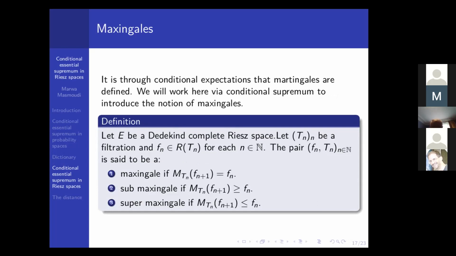So if we take a filtration of conditional expectations T_n and F_n an element of the range of T_n for each n, the pair F_n, T_n is said to be a Maxingale if the supremum given T_n of F_{n+1} is equal to F_n. Analogously, we define sub-Maxingales and super-Maxingales.